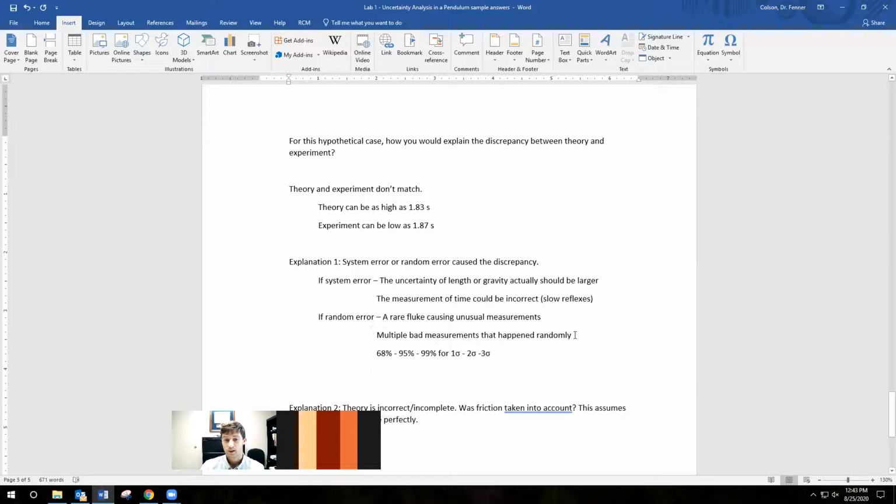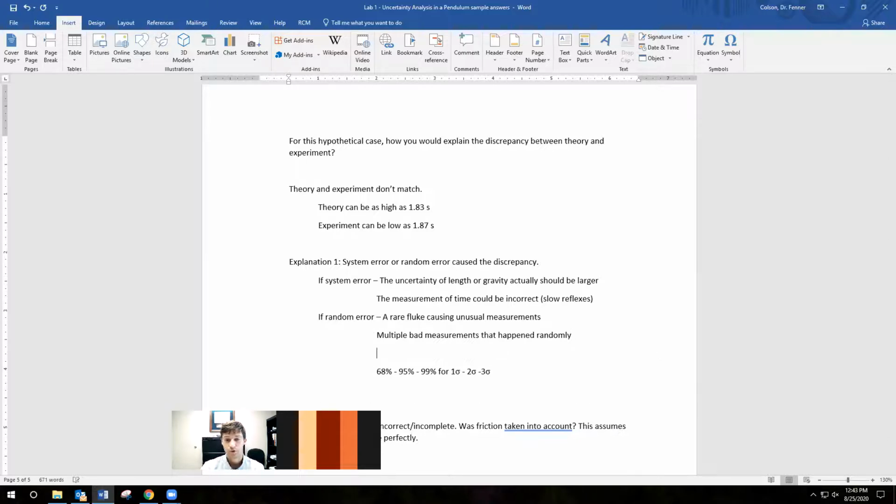So if it's a random error, the experiment was still done perfectly. It just, by some fluke, some rare event, is causing the measurements to be incorrect.